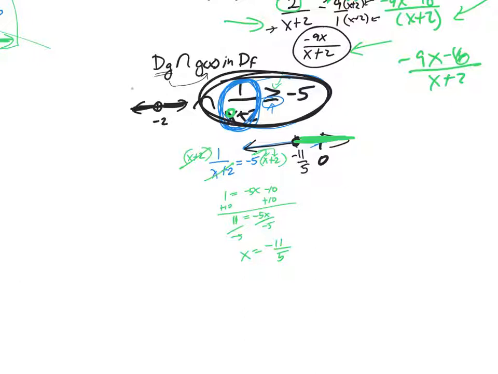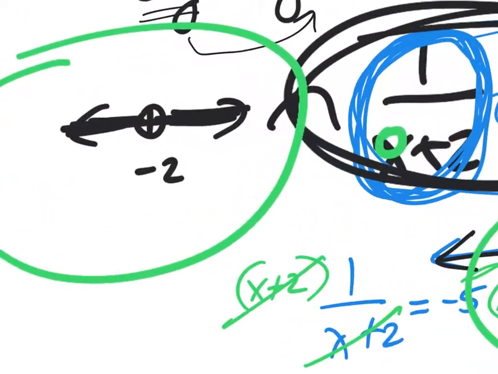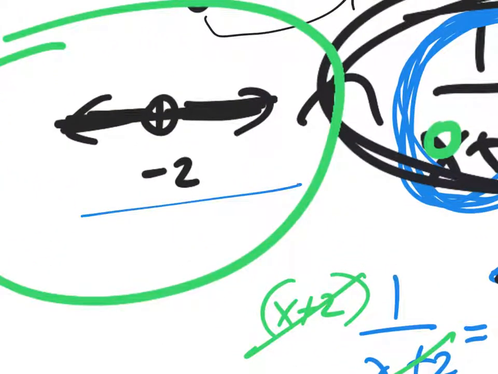So then I should shade to the right. Now I got to overlap this one and this one to get my final answer. So I'm going to just redraw the one I just did. Where's -11/5? It's like on this side of -2 is all that really matters.